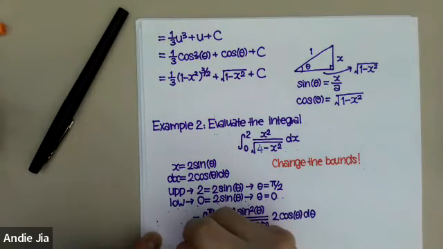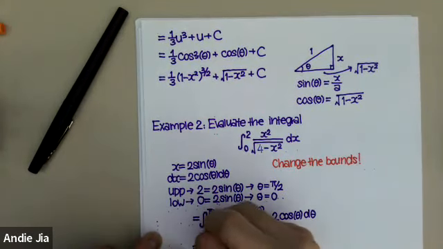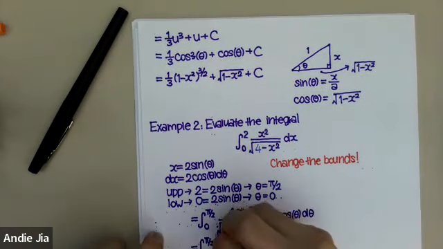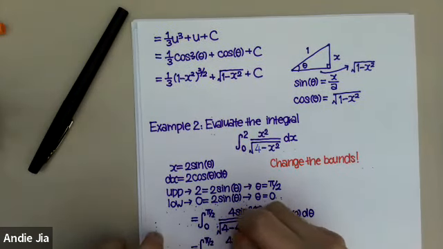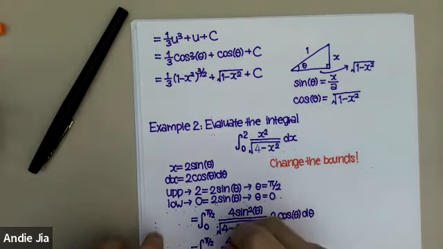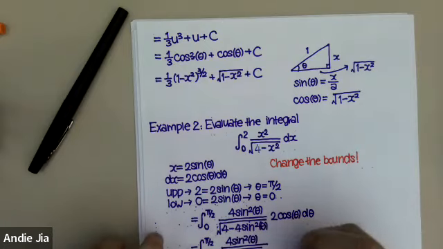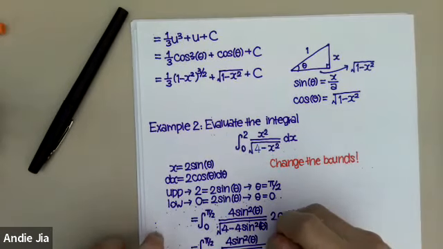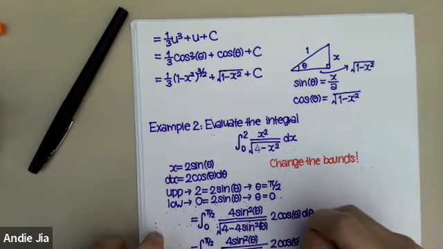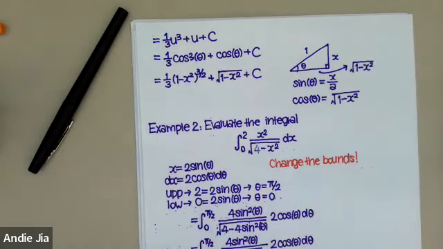And then we get this integral from 0 to pi over 2 of 4 sine squared of theta over 4 cosine squared of theta, 2 cosine of theta d theta.